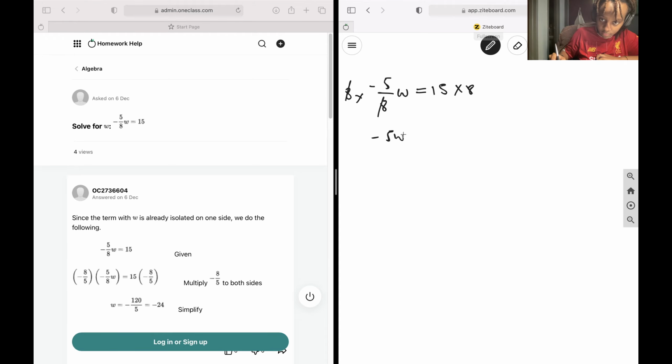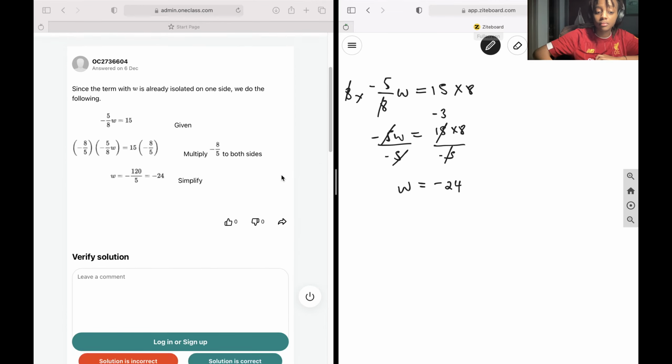So we get negative 5w is equal to 15 times 8, and then we want to divide out this negative 5. And this goes 3, negative 3. So w is equal to negative 3 times 8, and that would give us 24. So w is equal to negative 24.